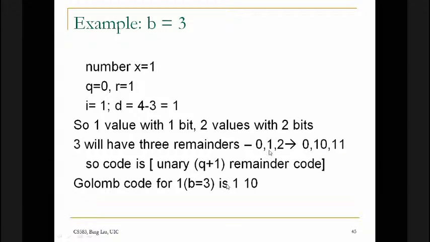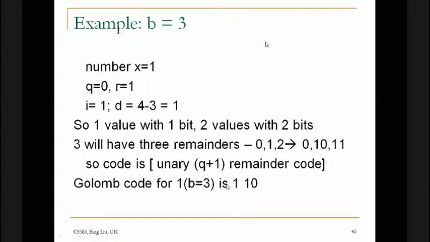So when you go with the code, it will be like this: the unary representation of Q plus 1, and the code for the remainder. Here the quotient is 0. 0 plus 1 is 1. What is the unary representation of 1? You look into your table, because it is 1.